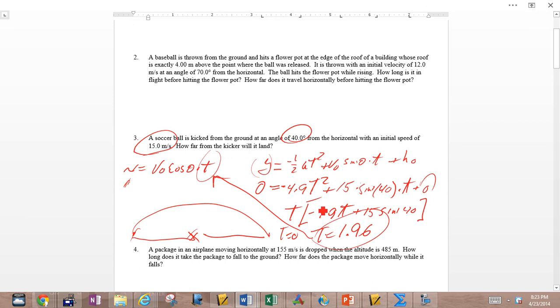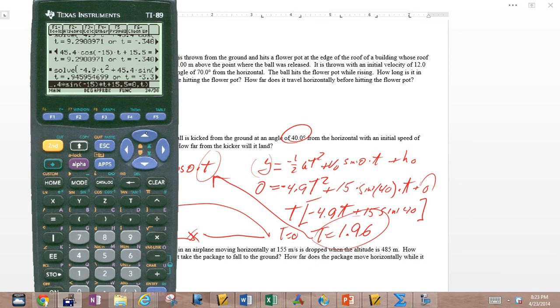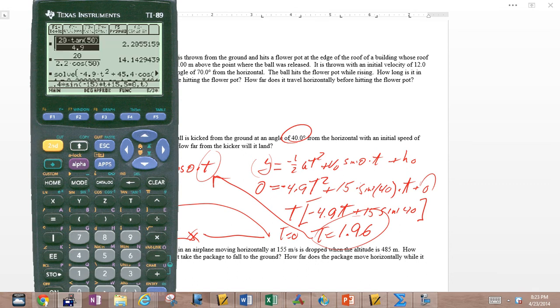Here we can solve this easily enough, and we can pull out the t as a common factor. At the first time, t equals 0 when it is first kicked, and the remaining time will be the solution to this.